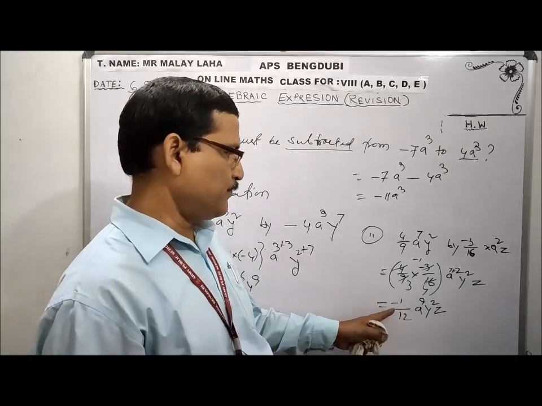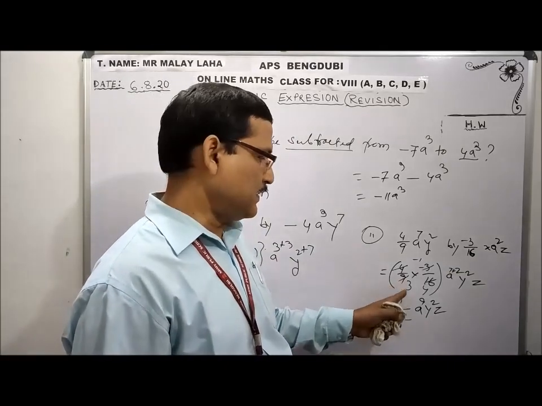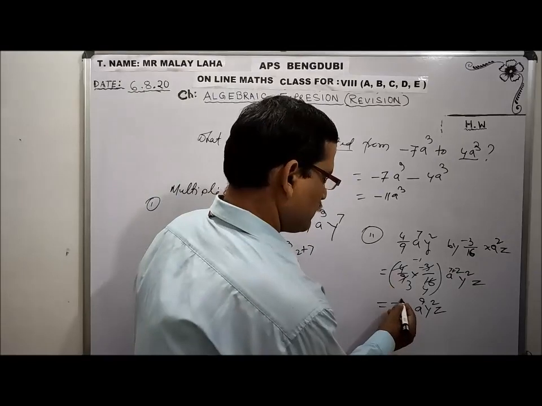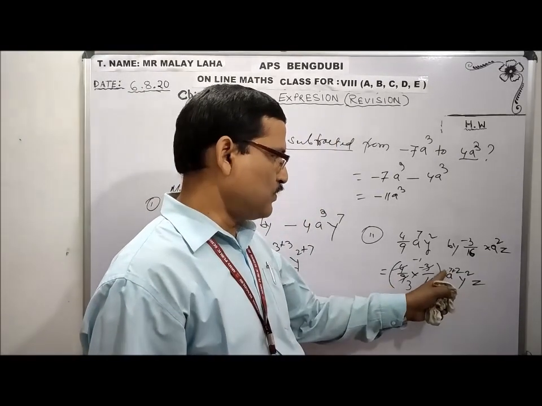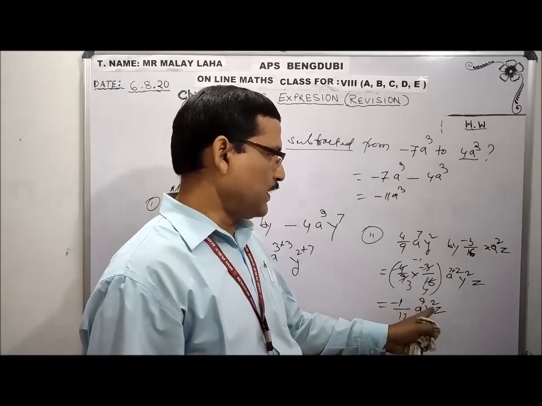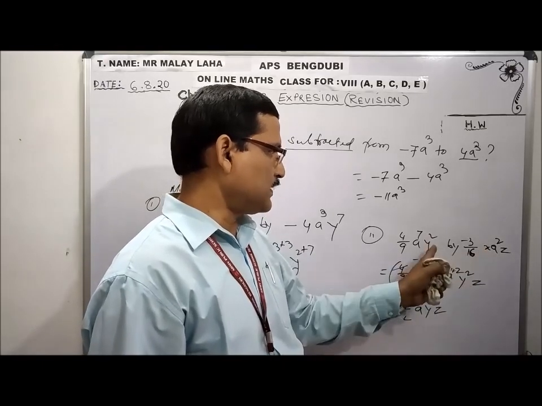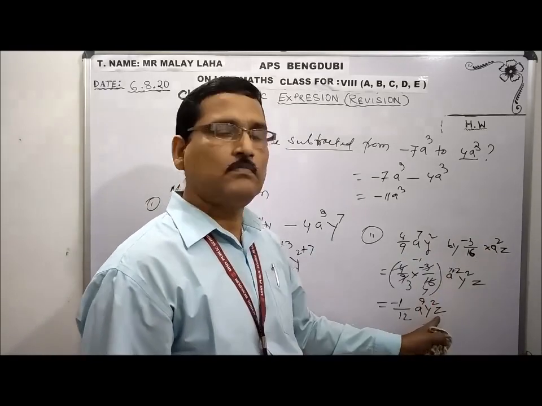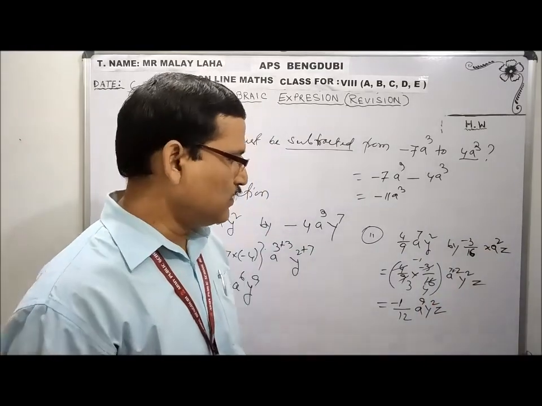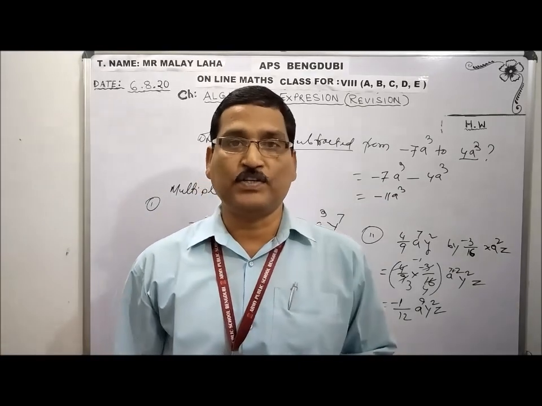Look carefully, I have multiplied by cancelling. The result is minus 1 by 12, and a having 2 and 7 is 9. Y square was there only here, and z only was there. Have you understood? This is the simple type of multiplication result.